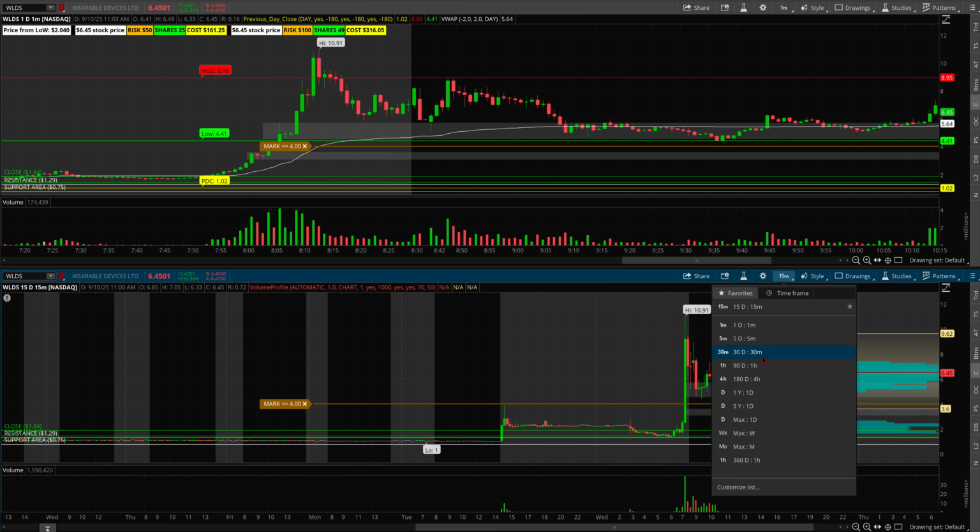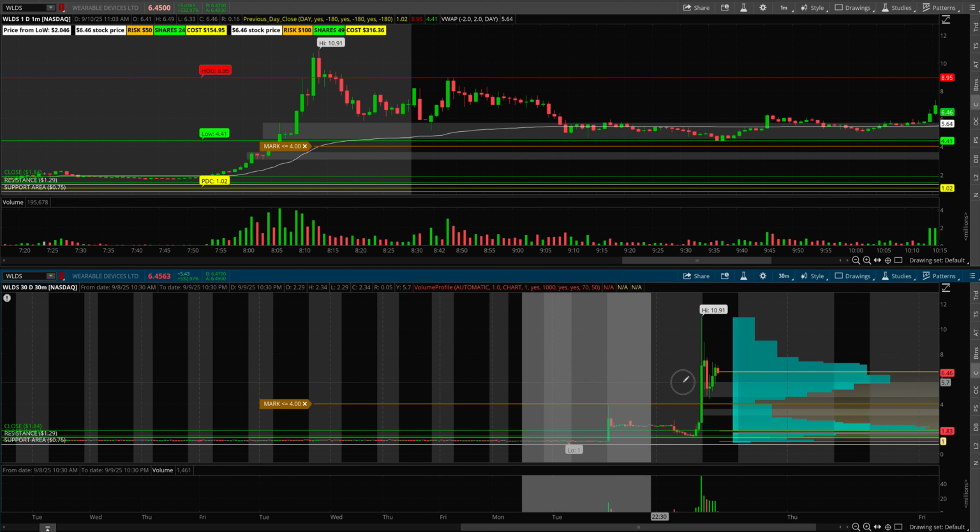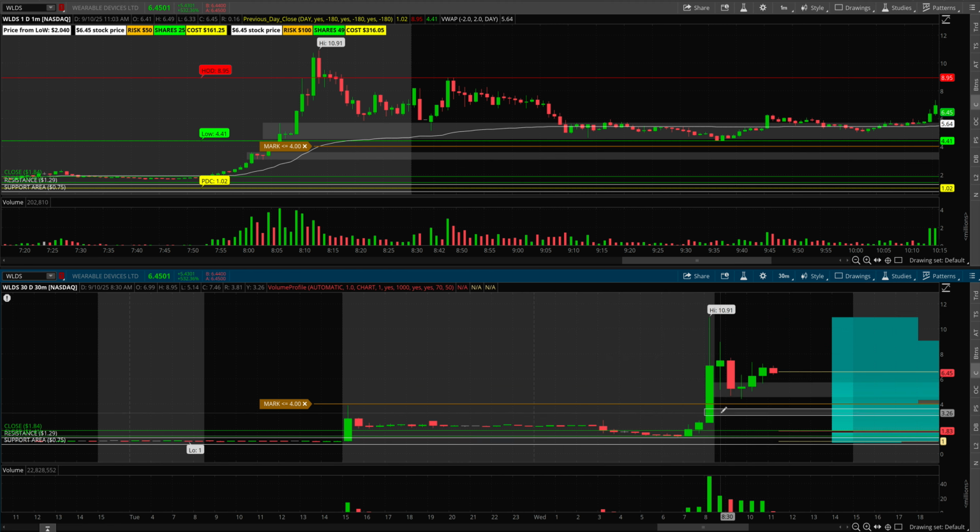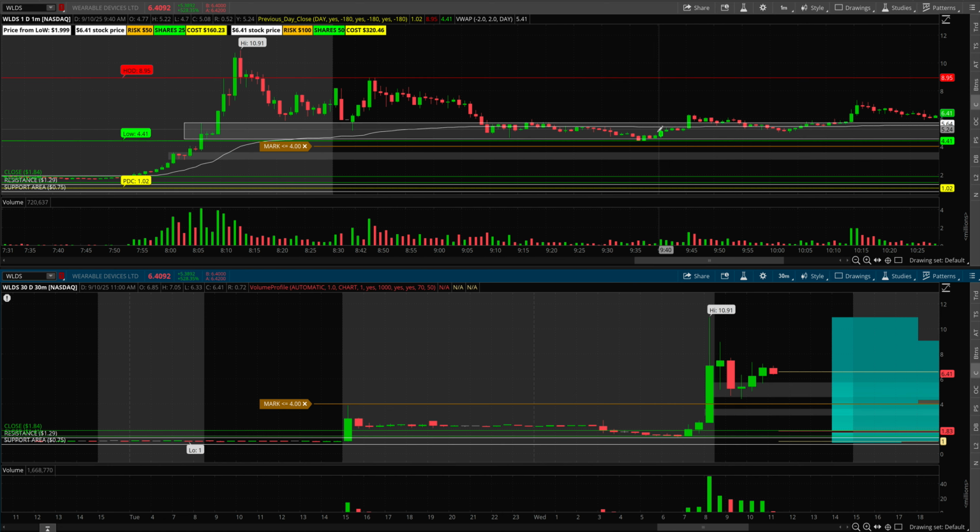And if you look on 15-minute, not the clearest, you kind of look at a 30-minute chart here. We've got the setup, right? The run up, the pullback, and we're in that area. We're starting to get that hammer candle. Here's your low on that. You start getting a higher low here.